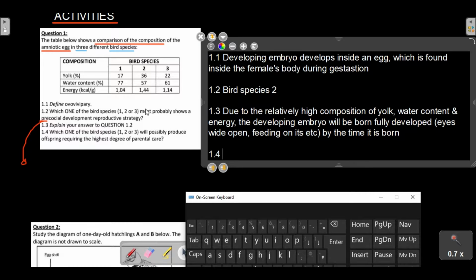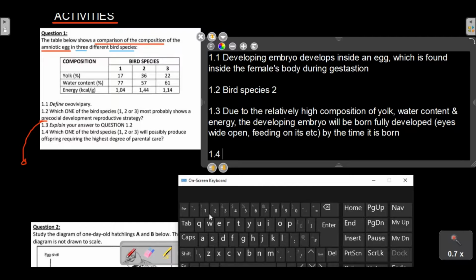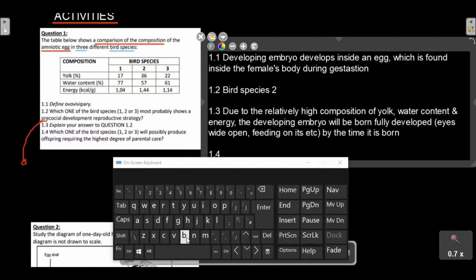So which one of these? It has to be the one that has the lowest percentage of yolk, water content, and energy. So it has to be bird species 1. Because of course, if it has the lowest percentage of yolk, water content, and energy, by the time it's born, it will not be fully developed.